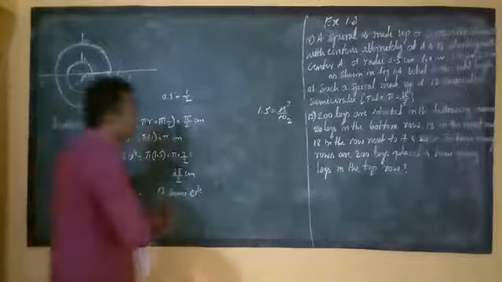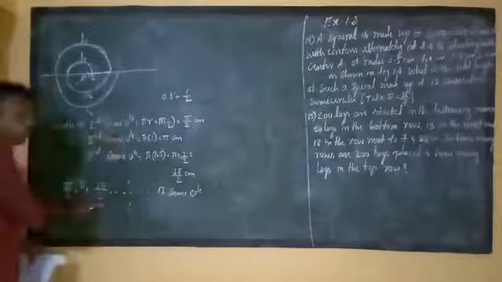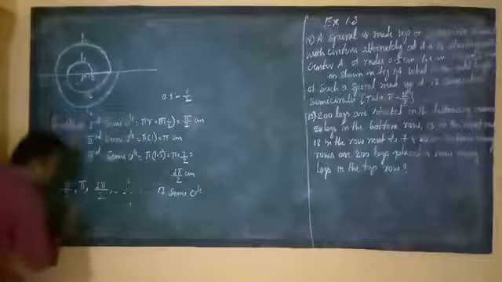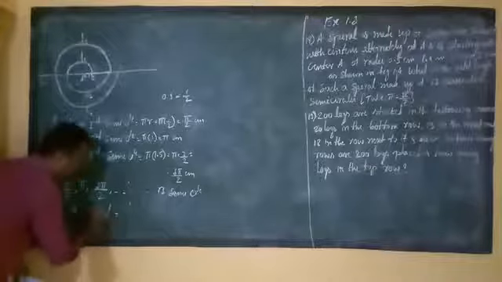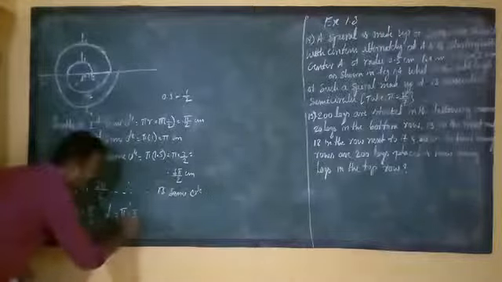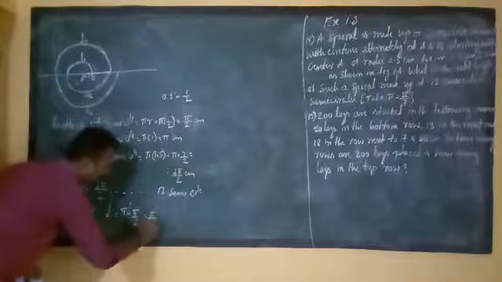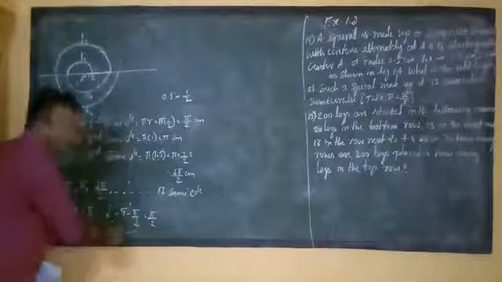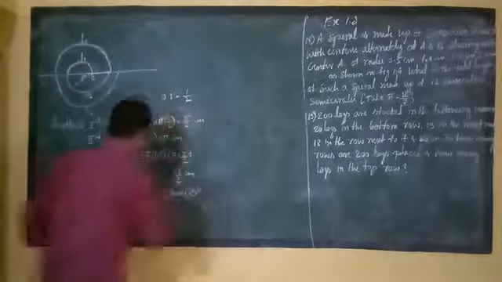So what is the sum formula? It becomes an AP. So a is equal to pi by 2 and d is equal to pi minus pi by 2, which becomes pi by 2. So n is equal to 13.